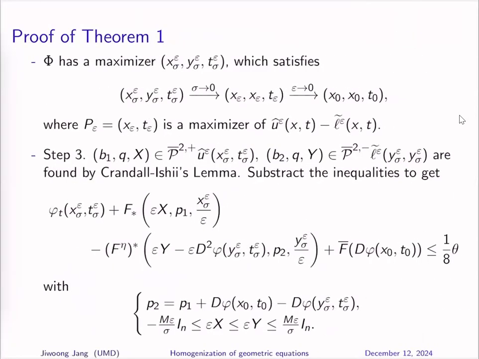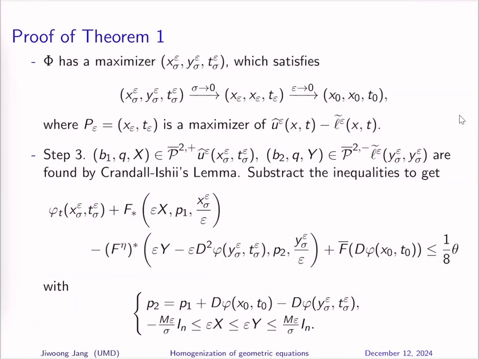By the standard framework of viscosity solutions, we apply the Crandall-Ishii lemma to find the proper z's to work with, and we put the derivatives into the subsolution test and into the supersolution test. So we have two inequalities, and we subtract them to have this one-sided inequality.